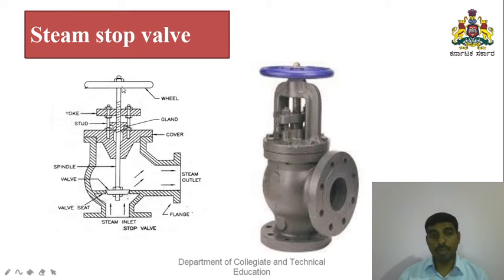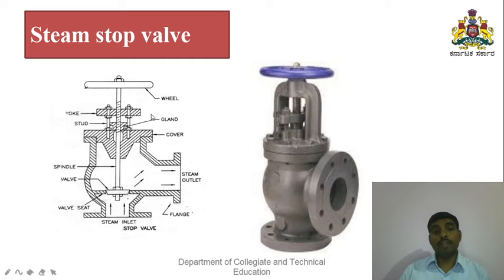It is operated manually, and it can also operate automatically, but here a manual wheel is given. When the steam inlet comes here and the wheel is rotated to the opening condition, the valve moves upwards, then the steam is allowed to flow to the outlet.